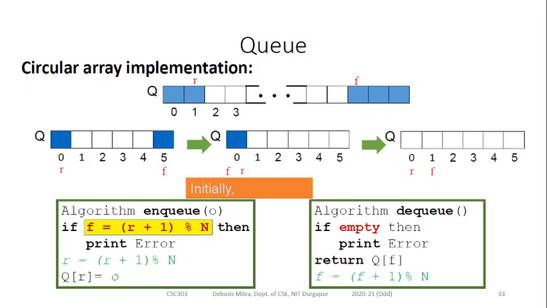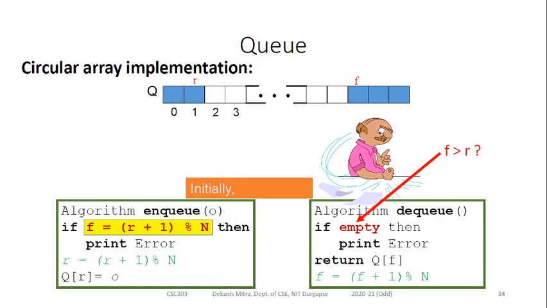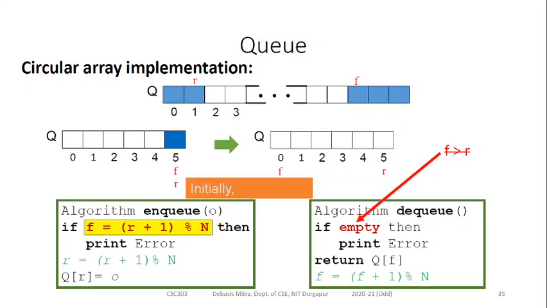In all of them, we need to check whether F greater than R, or whatever expression we are trying to establish, complies with all possible transitions from a queue of one element to a queue of zero elements. That's why we need to think about it very critically.